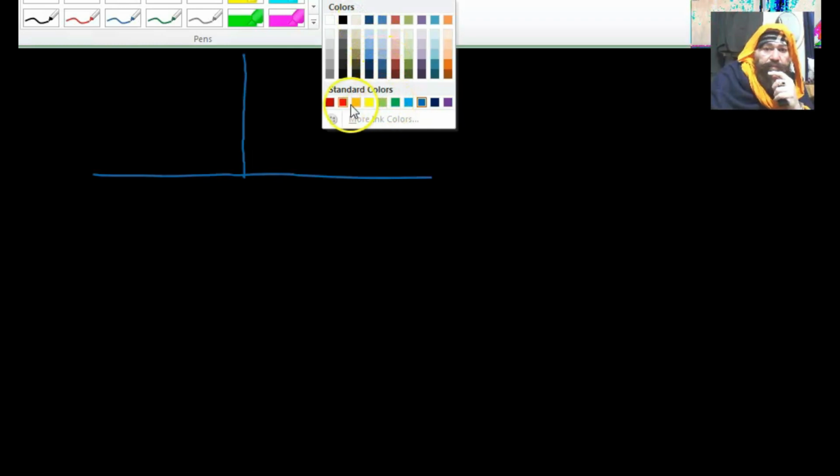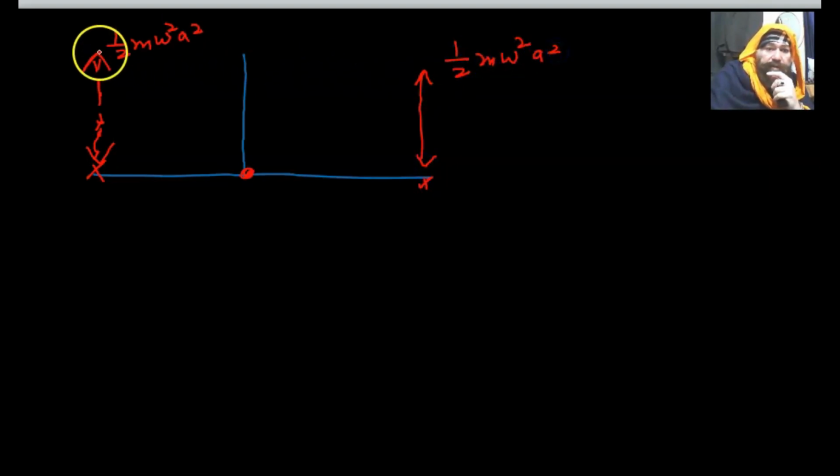So let me draw a graph. Zero here. What about here? It is maximum, equal to half m omega square a square. Here also it is maximum, half m omega square a square.